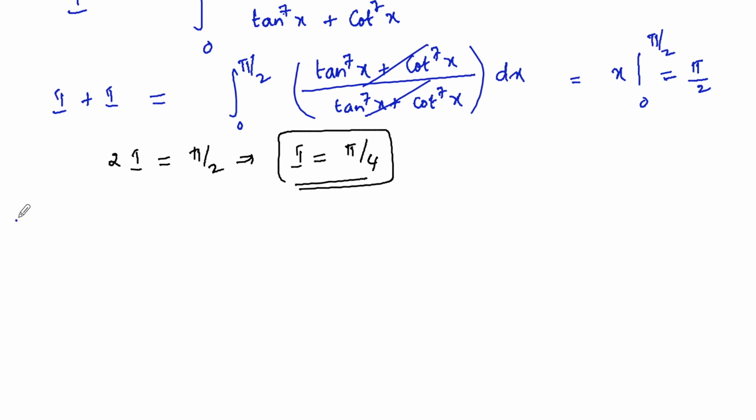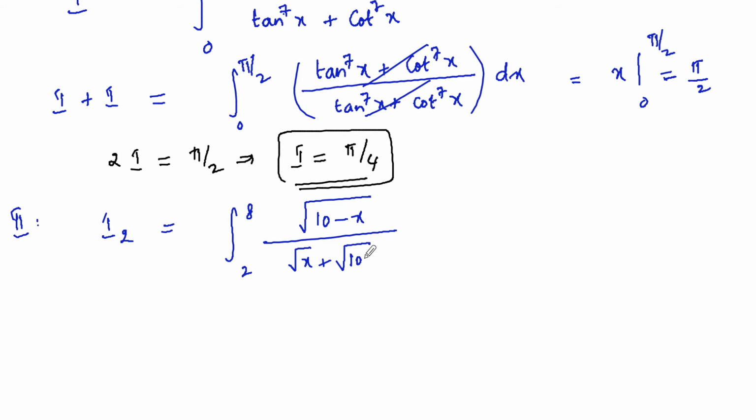Second statement, let's consider I2 is equal to integral 2 to 8 of root of 10 minus x upon root x plus root of 10 minus x dx. So again, by using the same property, integral a to b f of x dx is equal to integral of f of a plus b minus x dx.